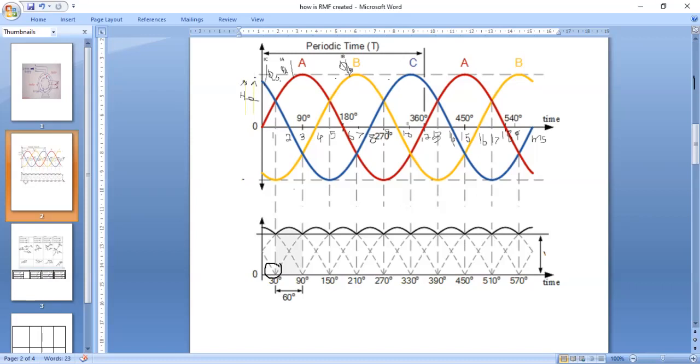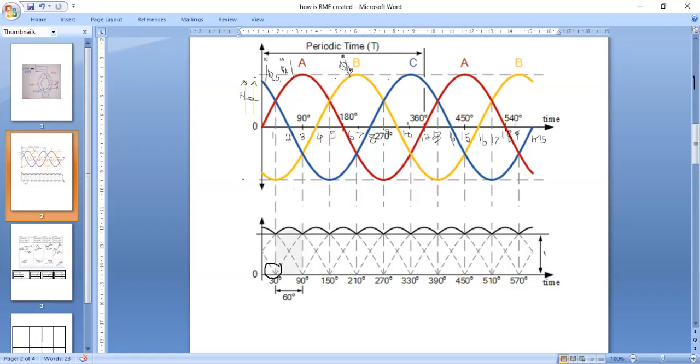Now, for analyzing purposes, let us take 3 milliseconds as a reference. At 3 milliseconds, you can see what the magnitude of phase A is. Its magnitude is highest, at its positive peak. If you find its magnitude, it would be sine of 90 degrees, which is 1.